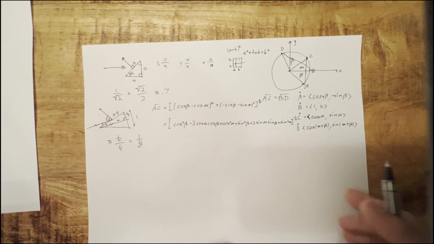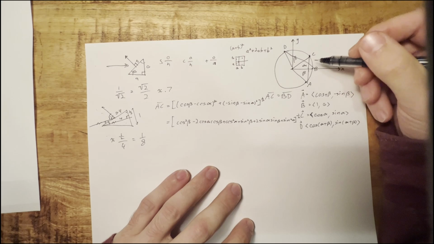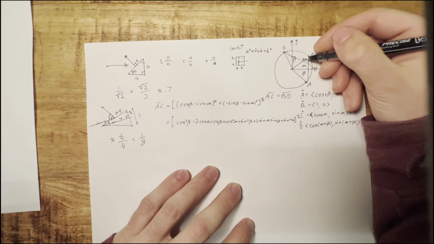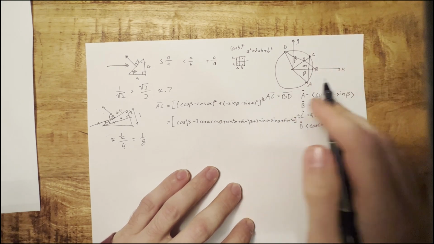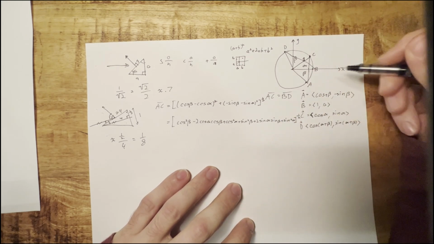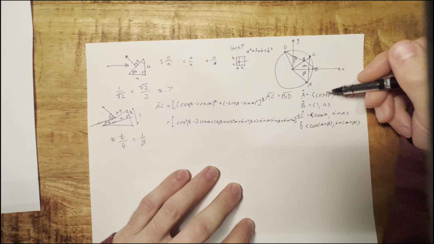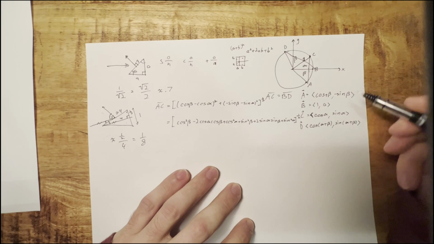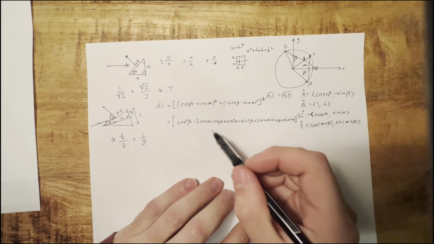Now, this is a lot of junk to deal with, but fortunately for my distance formula, given that I'm working on a unit circle here, which is why all this stuff is going to work, so these are all length 1, and I know that the x and y coordinates on any of these look like this, well, I know that cosine squared beta plus sine squared beta equals 1. Similarly, I know that cosine squared alpha plus sine squared alpha is equal to 1.